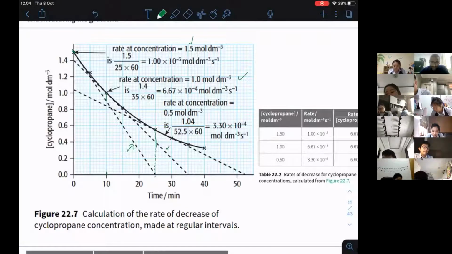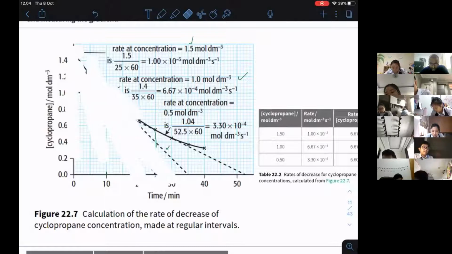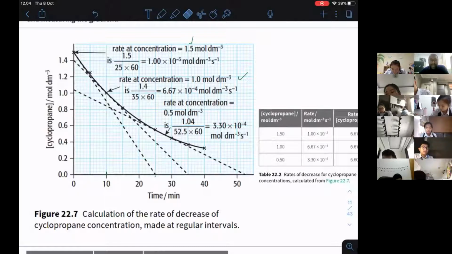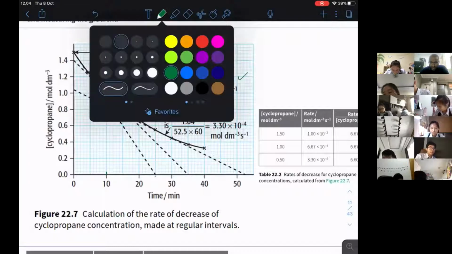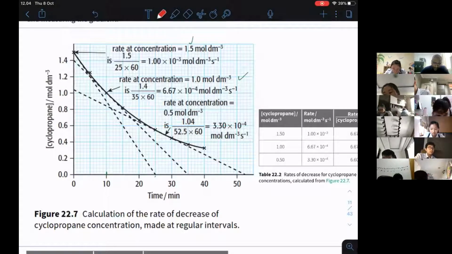So if I try to calculate the gradient of this, let's say I don't follow exactly what they have done, but I just want to figure out something similar. If I simply follow here, and this is the tangent, I will have a triangle like this. I want you to see this properly.